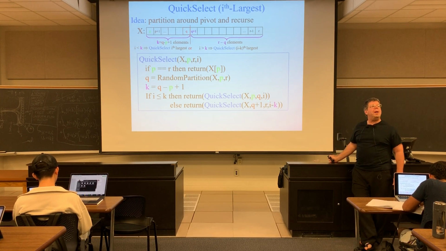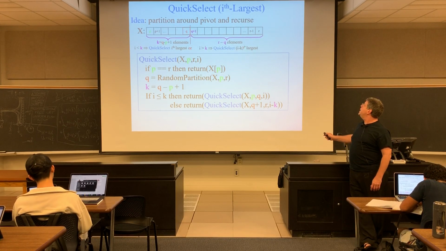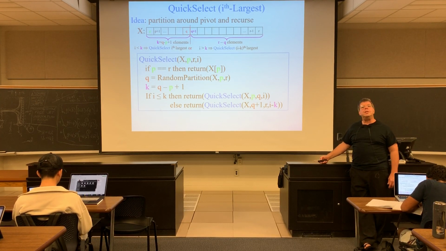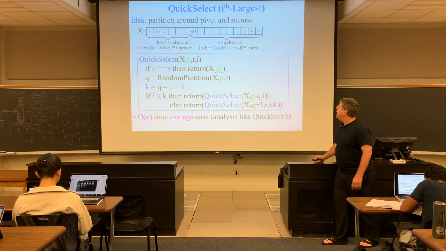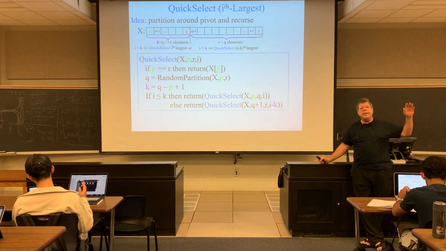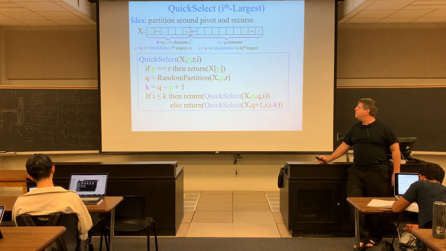We're looking for the (i minus K)th largest in the upper portion, just like we were saying over here. So that's the pseudocode that reflects the logic of this approach up here. How many understand this algorithm? Okay, this will eventually give you the ith largest through this recursive process.